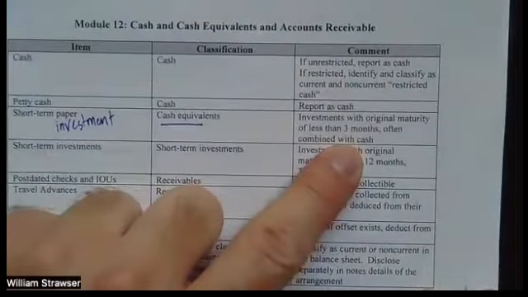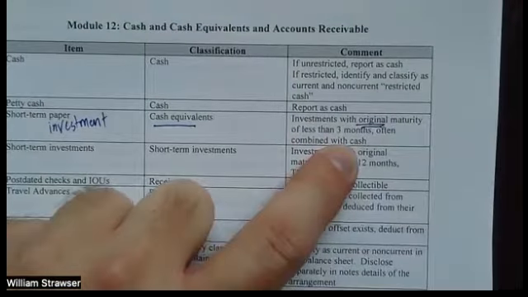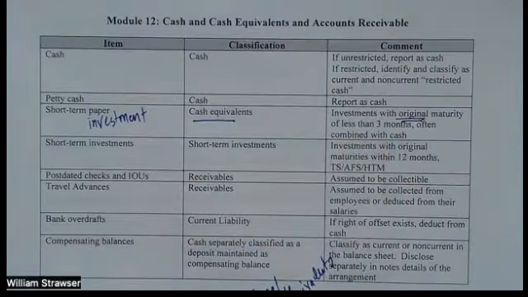This is any investment with an original maturity of less than 3 months, which means that when I sink my money into a treasury bill, or let another company borrow it, or let one of my executive officers borrow money, I'm going to get the money back within 3 months, right? So that original maturity has to be very short.